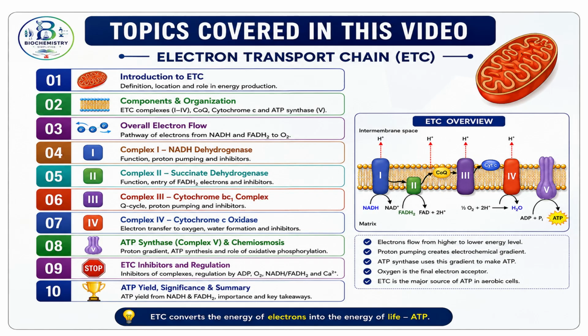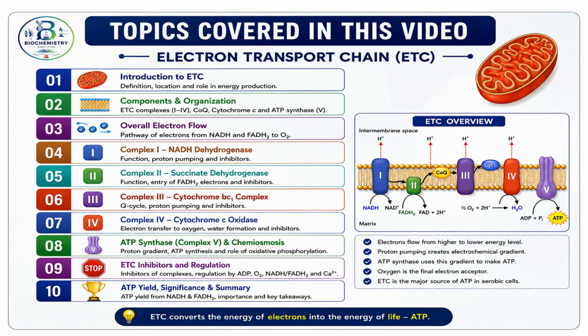We then follow the overall electron flow from NADH and FADH₂ to oxygen, the final electron acceptor. The video explains complex 1, NADH dehydrogenase, and complex 2, succinate dehydrogenase, including their functions, electron entry points, proton pumping, and important inhibitors. We then discuss complex 3, cytochrome BC1 complex, its Q cycle, electron transfer, and proton pumping. Next, we cover complex 4, cytochrome C oxidase, oxygen reduction, water formation, and its inhibitors.